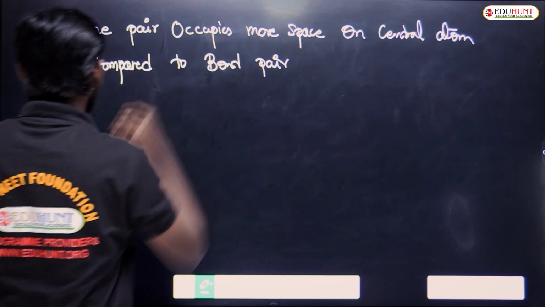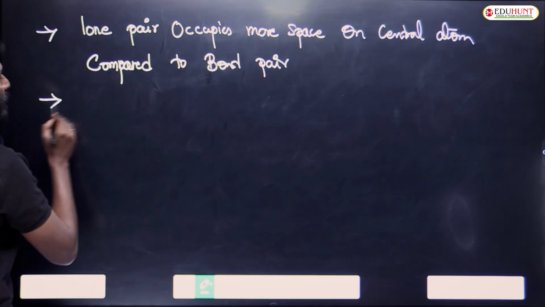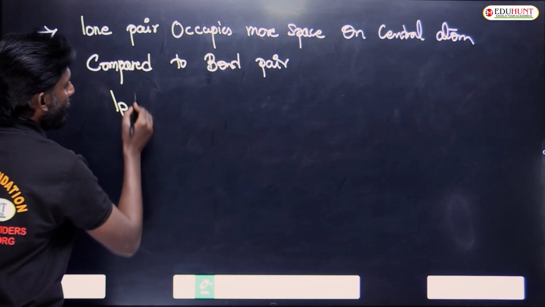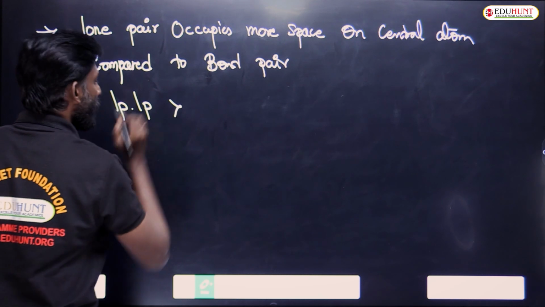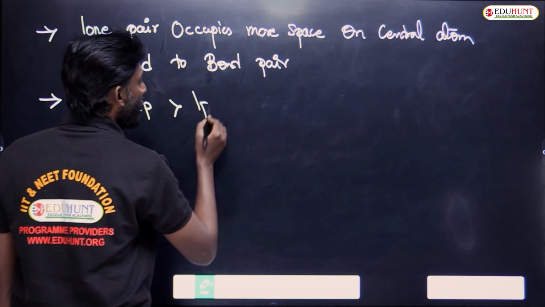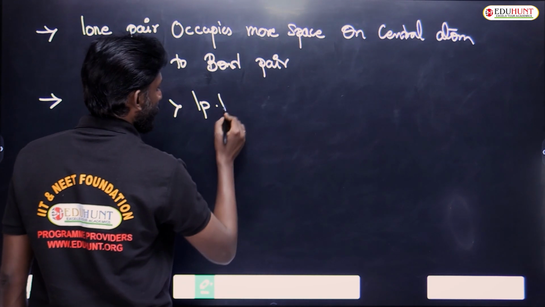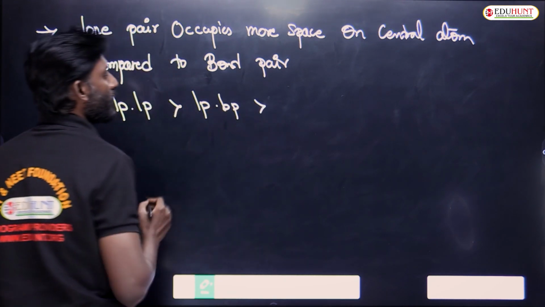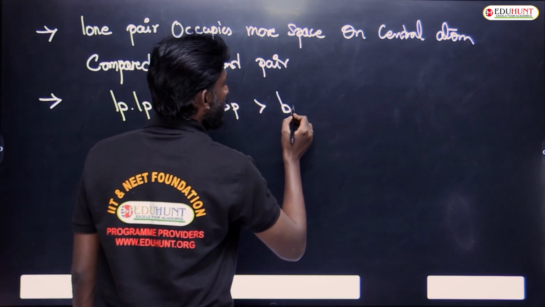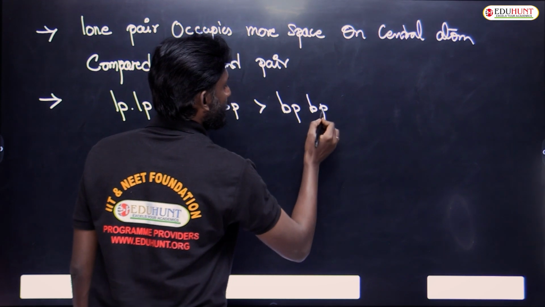So what happens with this point? A lone pair-lone pair repulsion is more than lone pair-bond pair repulsion, and that is more than bond pair-bond pair repulsion.